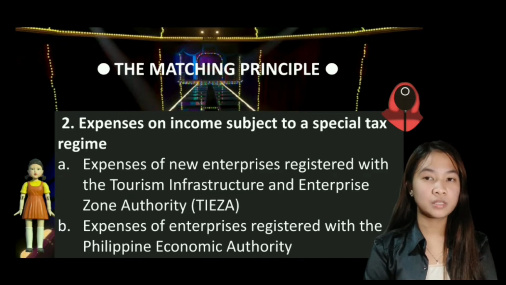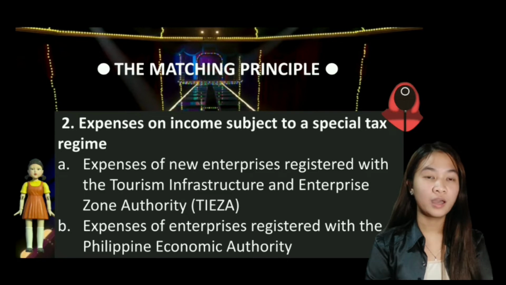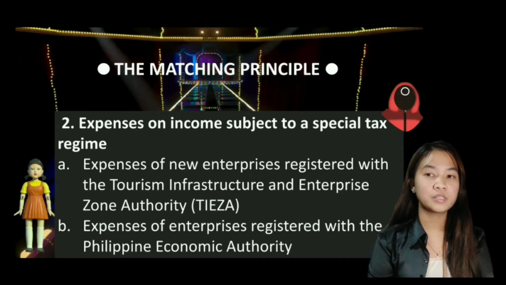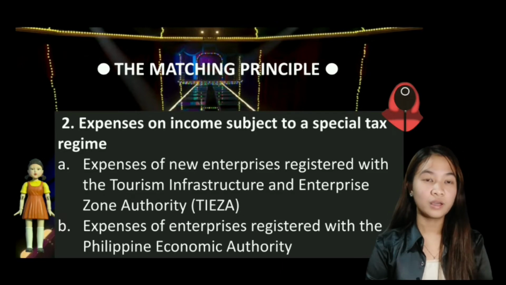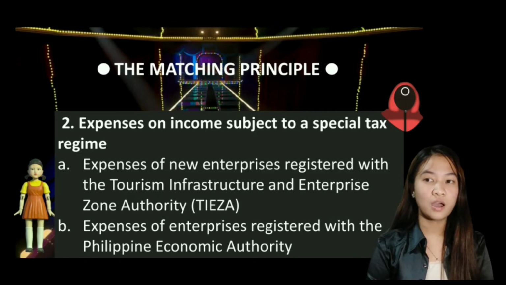Newly registered enterprises of the Tourism Infrastructure and Enterprise Zone Authority are subject to a 5% gross income tax in lieu of all other national and local taxes, license fees, imposts, and assessments except real estate taxes, and expenses of enterprises registered with the Philippine Economic Zone Authority. The expenses of these businesses in connection with their operations subject to the 5% gross income tax are non-deductible against their gross income subject to regular income tax.